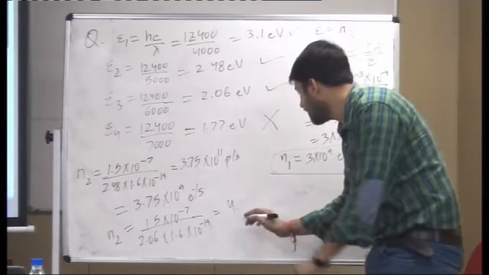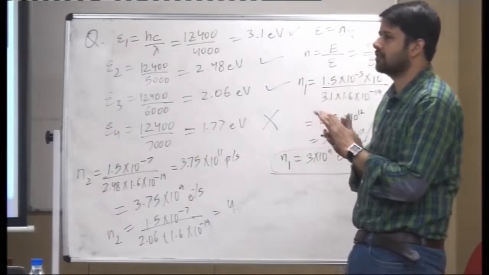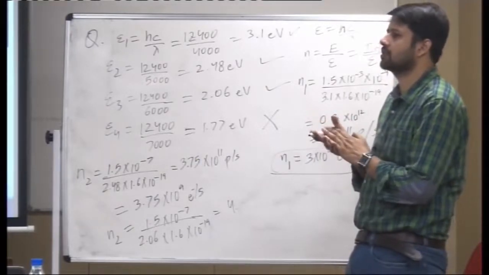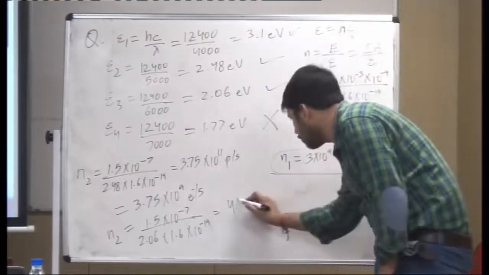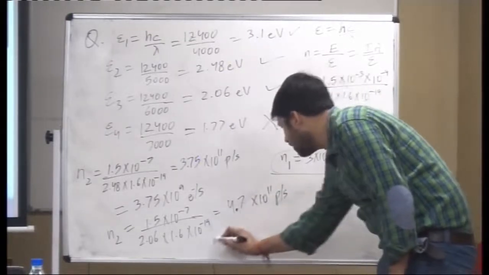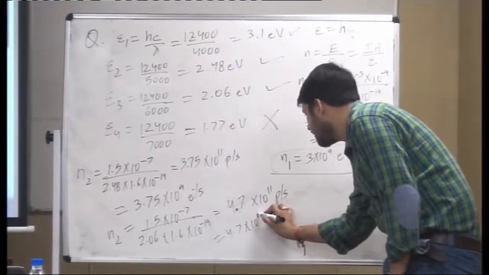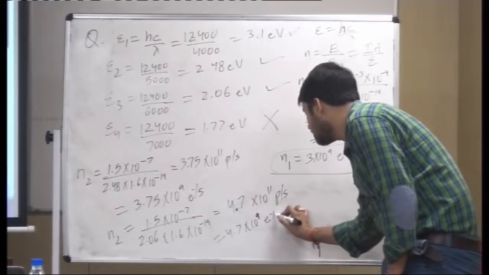Okay, so this one is 4. It would be somewhere around 4.7 into 10 raised to power 11 photons per second, or 4.7 into 10 raised to power 9 electrons per second.